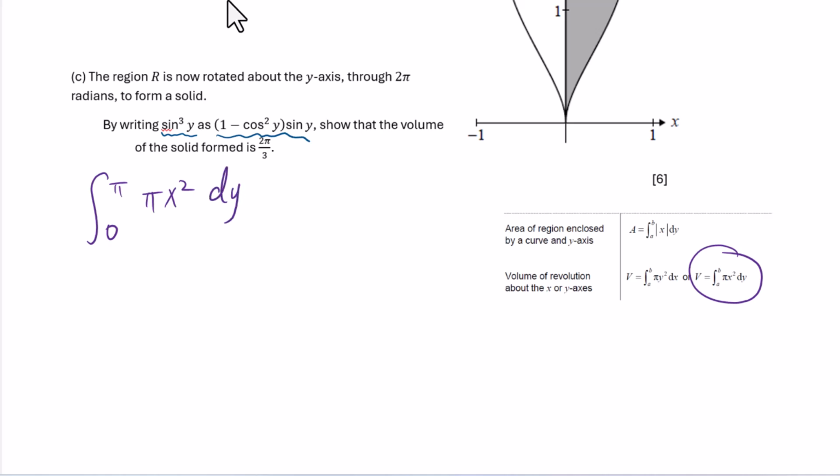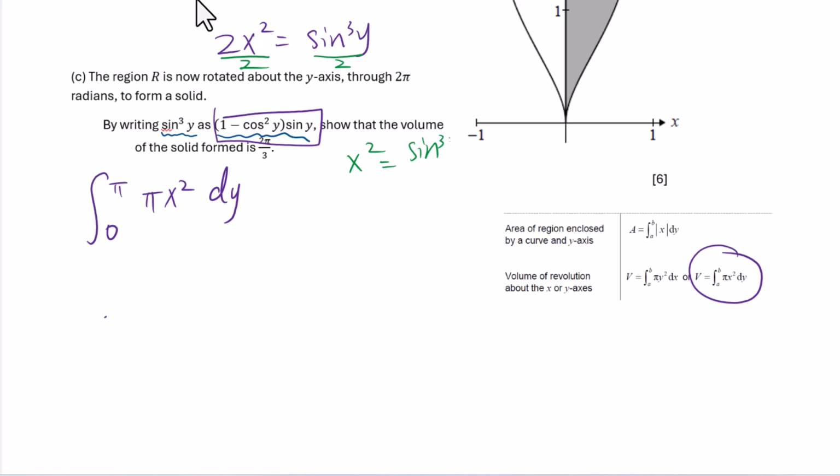We know 2x squared equals sine to the third power y, so dividing by 2, x squared equals sine to the third power y over 2. Do the substitution. Bring down this definite integral, pi times sine to the third power y over 2 dy.